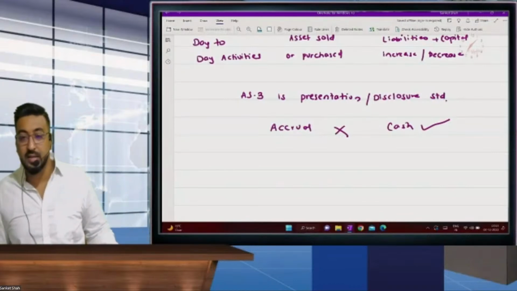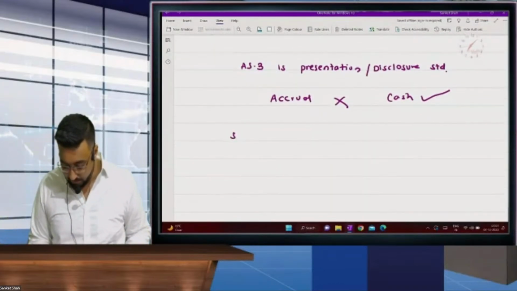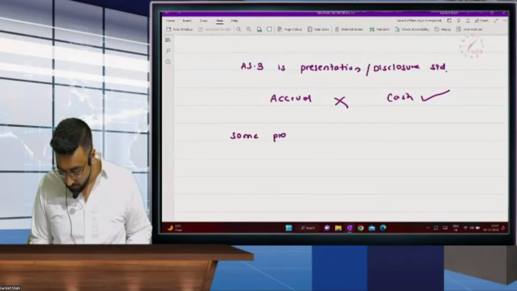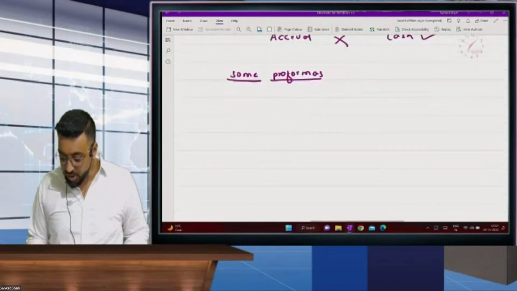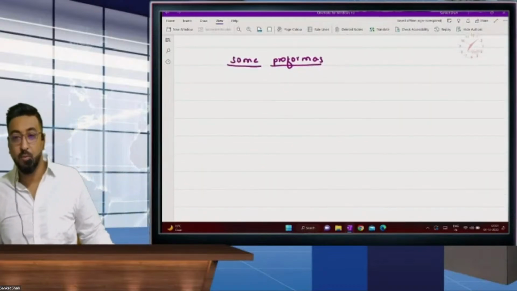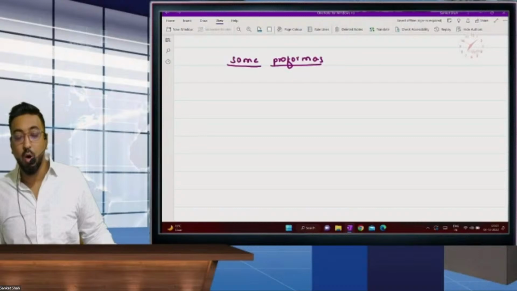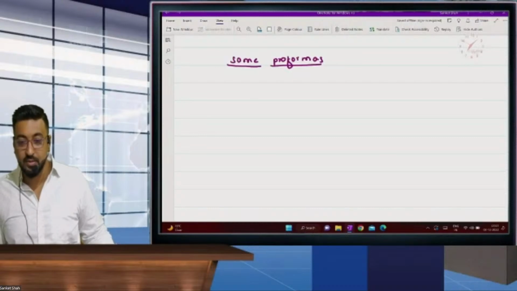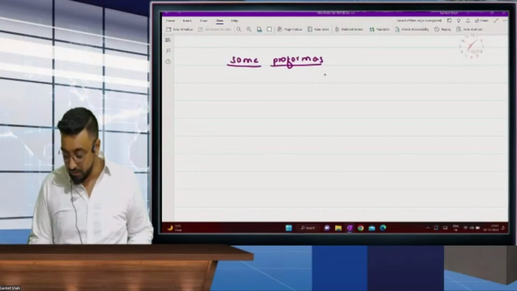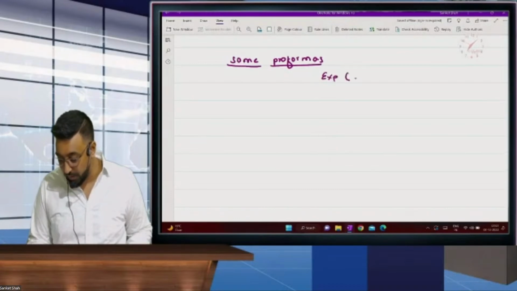So let's understand some proformas. Okay, some proformas. Now just write down. Some proformas, either direct method or indirect method or both methods. These proformas are useful. So the first one is the expenses proforma.